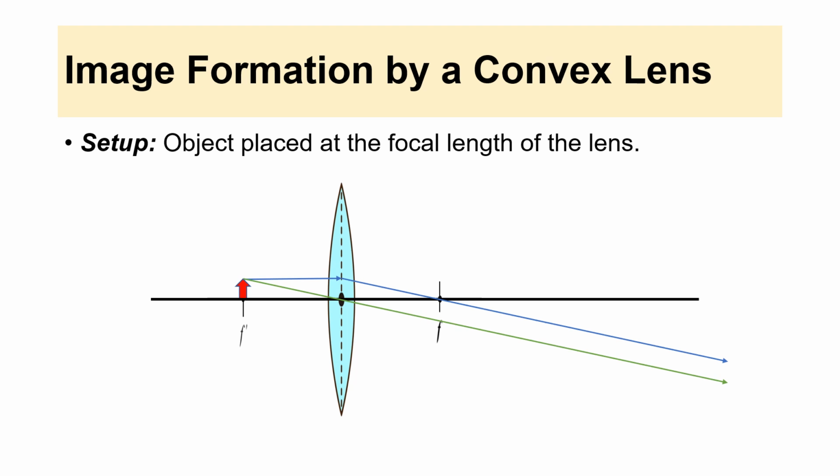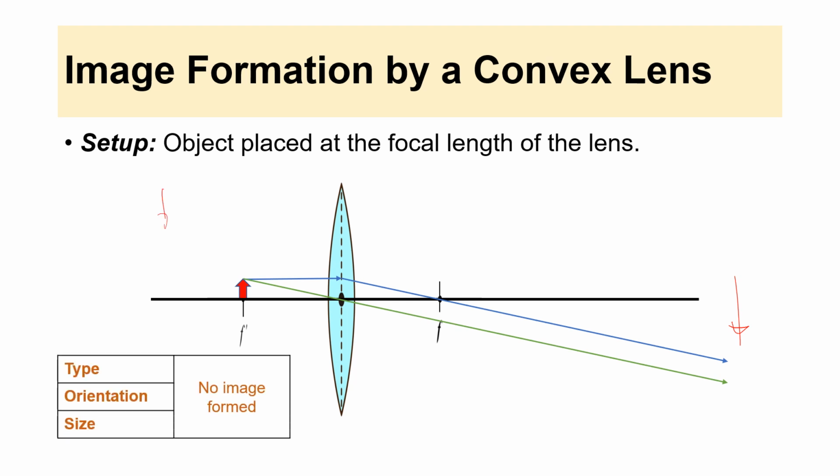If that is the case, no image will be formed on this side. Okay? If we're going to extend the refracted rays backwards, again, since these rays are parallel to each other, no image will be formed even on this side. So therefore, since there is no image formed, there will be no characteristics for the image.